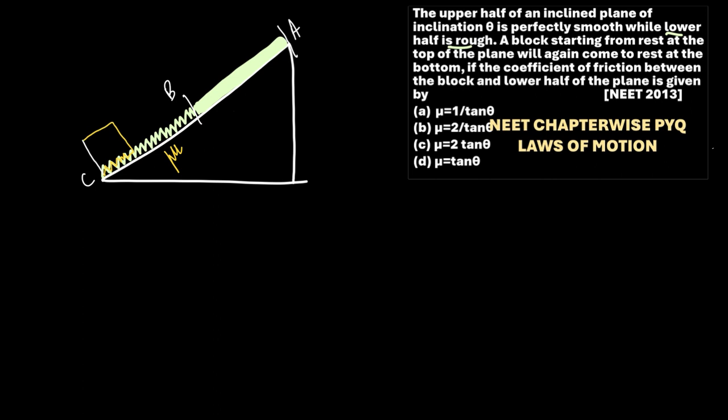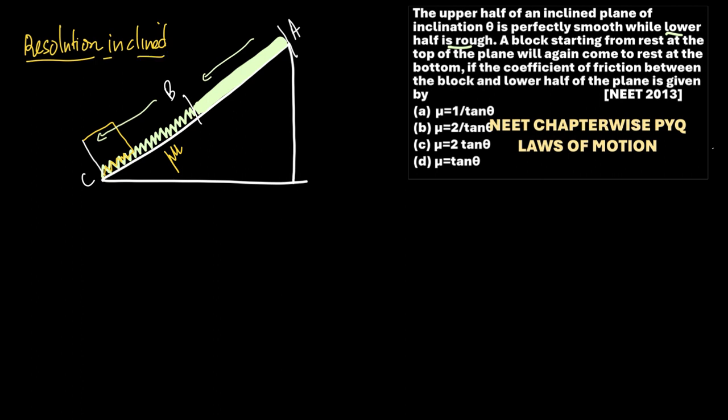So we'll try to figure out this question in a very detailed way, considering both travels from A to B and from B to C. But before we do that, something students often ask me as a doubt is the resolution of weight on an inclined surface.